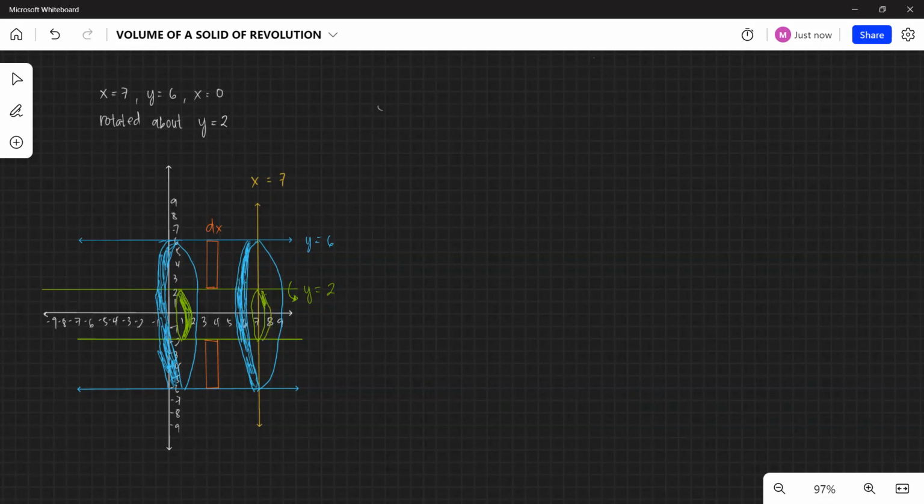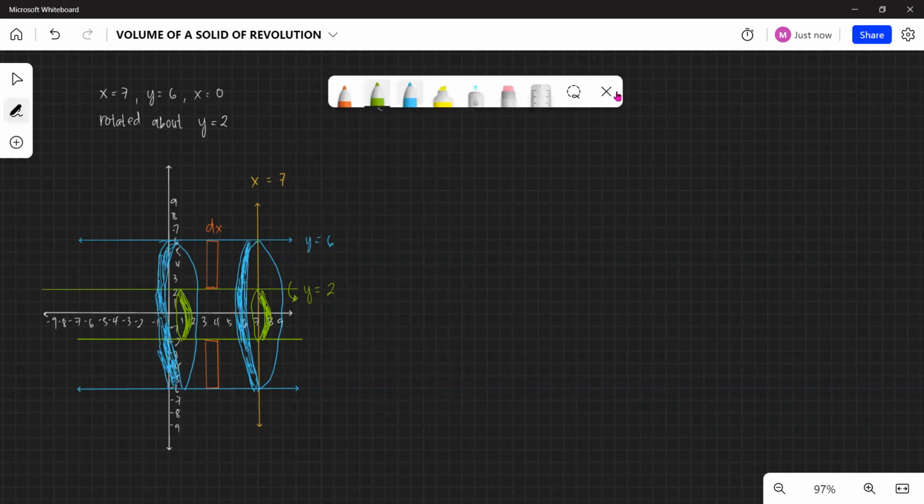If it's not a straight line, like the vase example earlier, the radius is not uniform. So this entire solid, I'll just use this one.